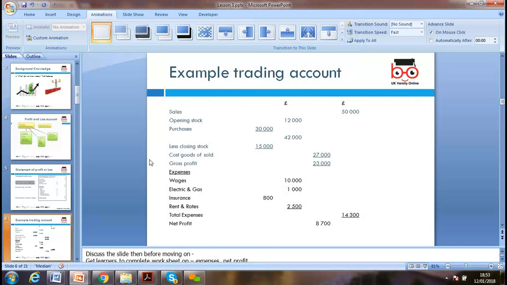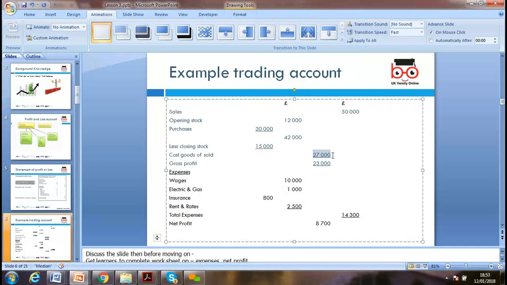Then we less our closing inventory, this will be 15,000, and my cost of goods sold is 27,000. Now 50,000 minus 27,000, 23,000 will be my gross profit.